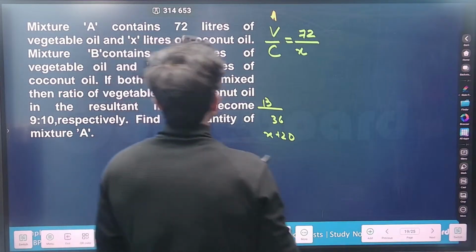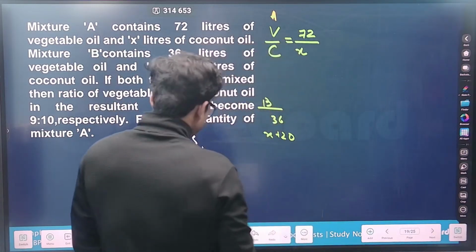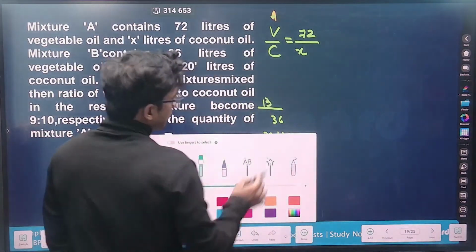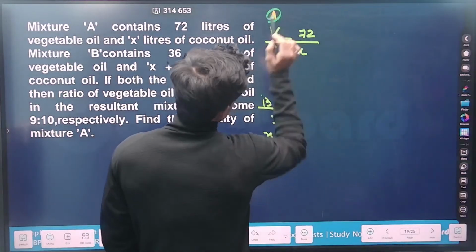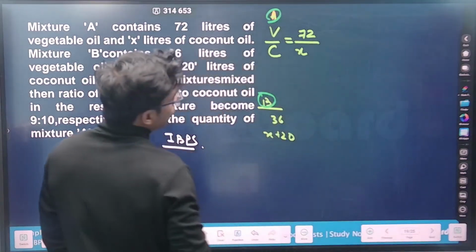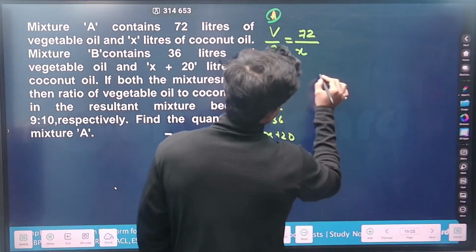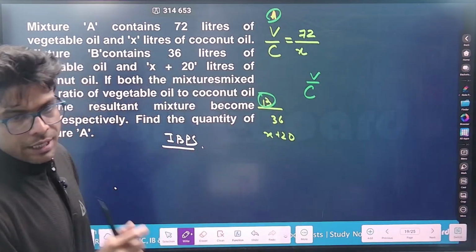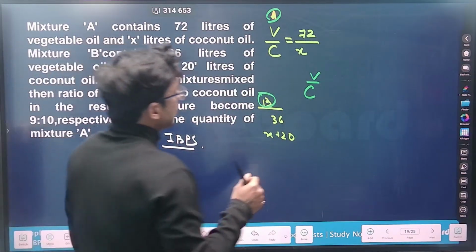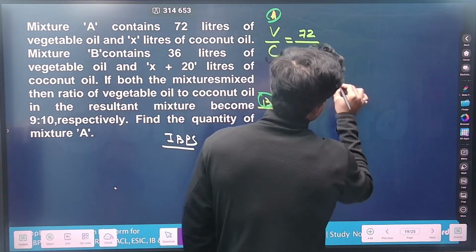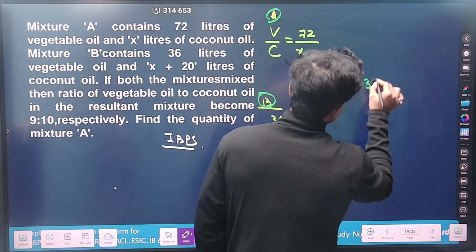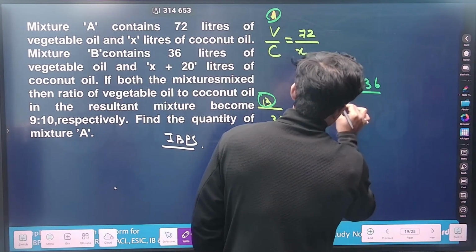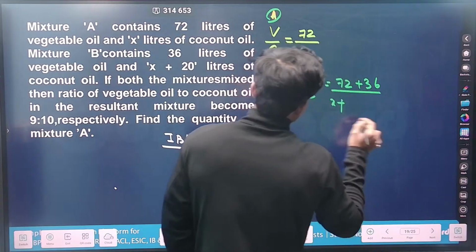If both the mixtures are mixed, so basically this is mixed with this one. Then the resultant mixture would have vegetable by coconut. If vegetable by coconut comes, then it would become 72 plus 36 divided by X plus, earlier it was X, na?